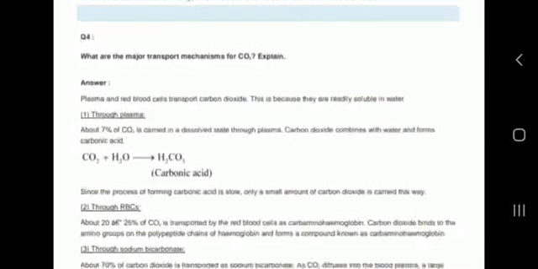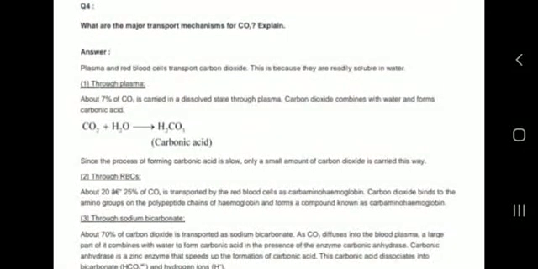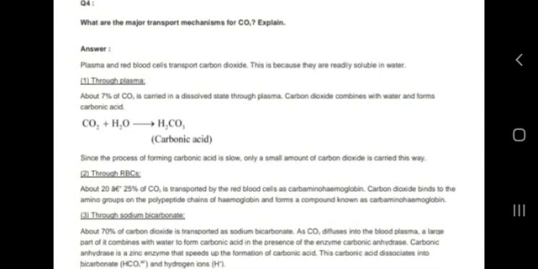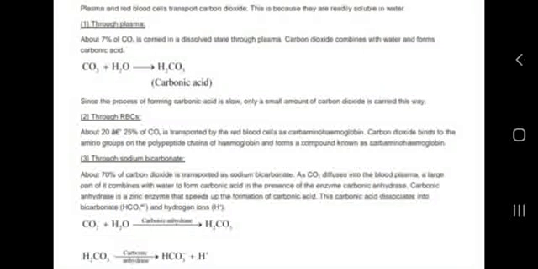Next is, what are the major transportation mechanisms of CO2? Through plasma, about 7% of CO2 is carried in a dissolved state. Through RBC, 20 to 25% of CO2 is transported by the red blood cells as carbaminohemoglobin.